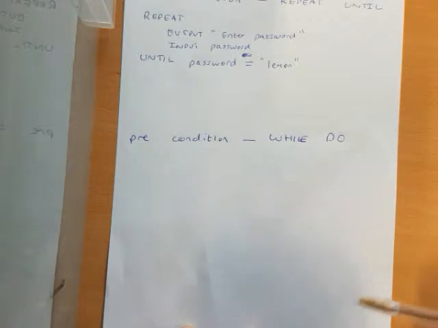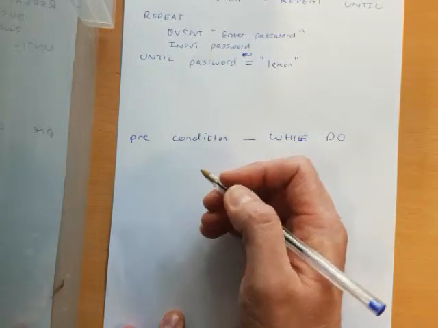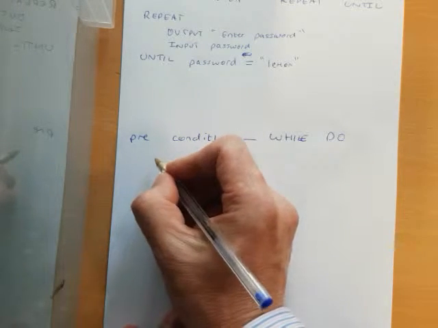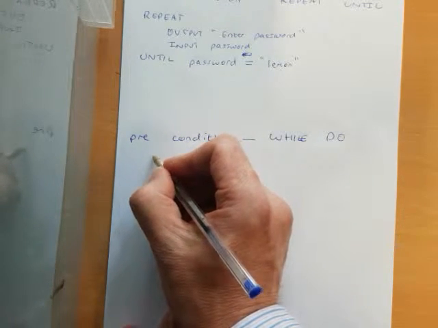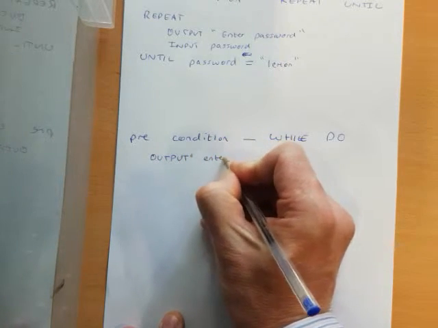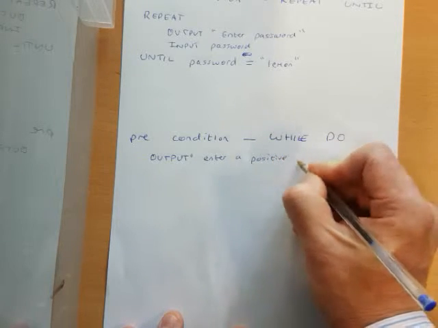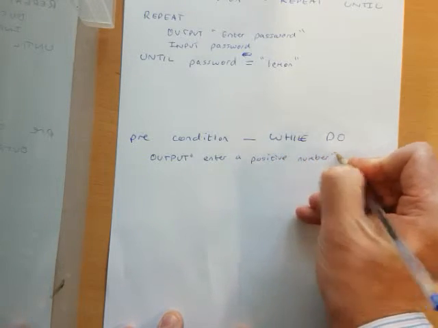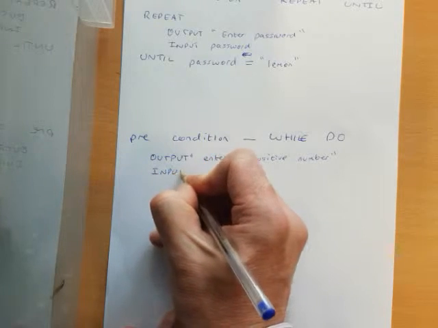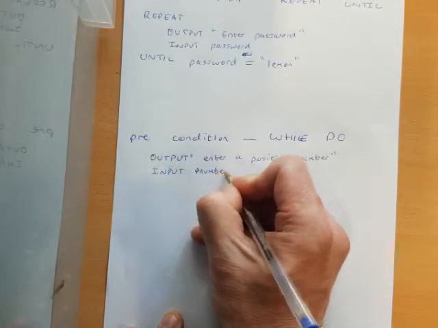Okay, right, so let's have a look at while do. So what we'll do first of all is we'll ask somebody to enter a positive number. Okay, so we'll output, enter a positive number, and then we will input number.